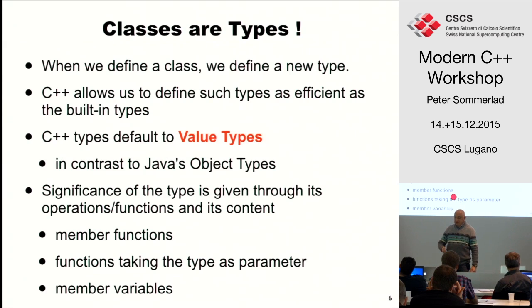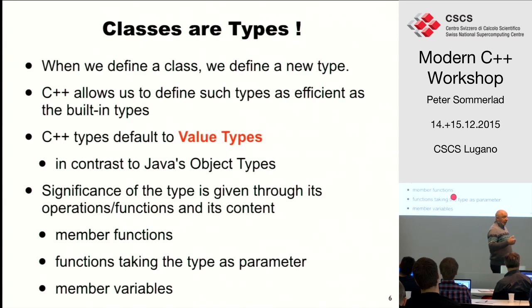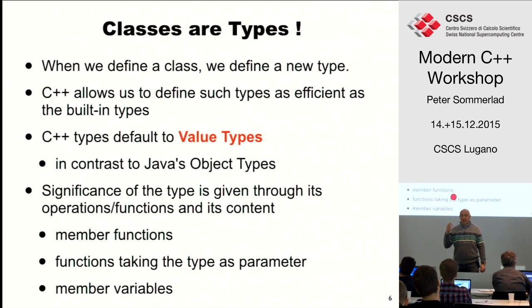But in principle, I can construct types that are as efficient as built-in ones, with different semantics and other things. The default behavior of the C++ mechanics is, if you define a class type, to define value types.